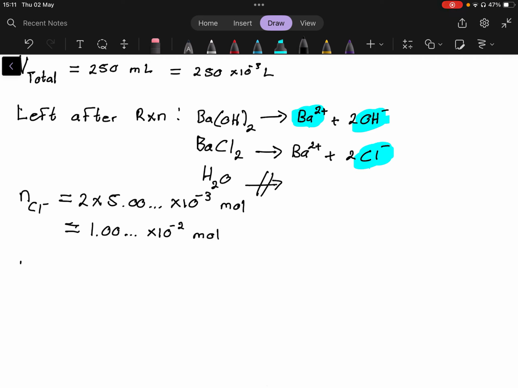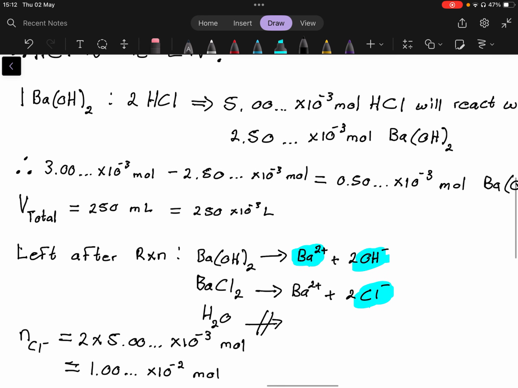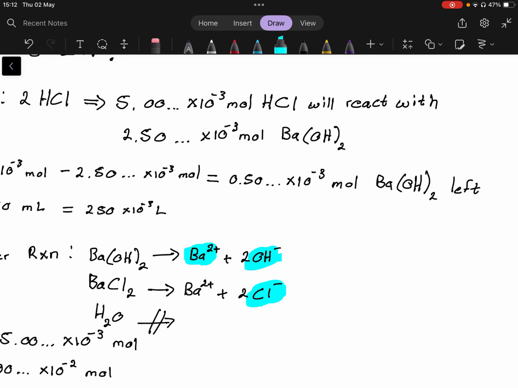Right. How much hydroxide is left over? What's the number of mole of hydroxide? Well, the only information about the hydroxide that we have is that we had so much barium hydroxide left, and that can be the only source of hydroxide after the reaction. But we know barium to hydroxide is a 1:2 ratio. So it splits into 1:2.